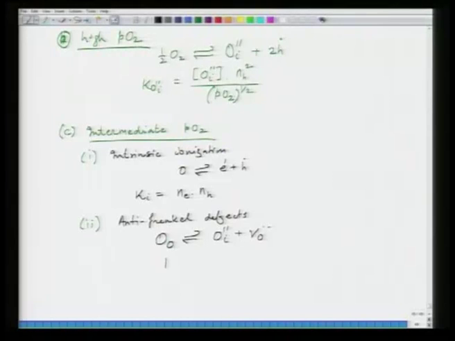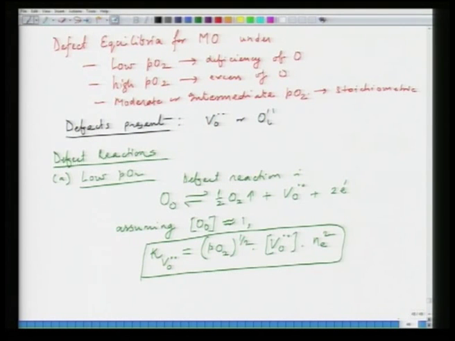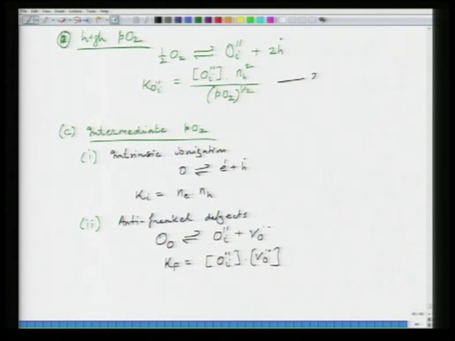So, for this reaction we can write Kf is equal to OI multiplied by VO. From these 4 expressions, let us say this is 1, this is 2, this is 3, and this is 4.